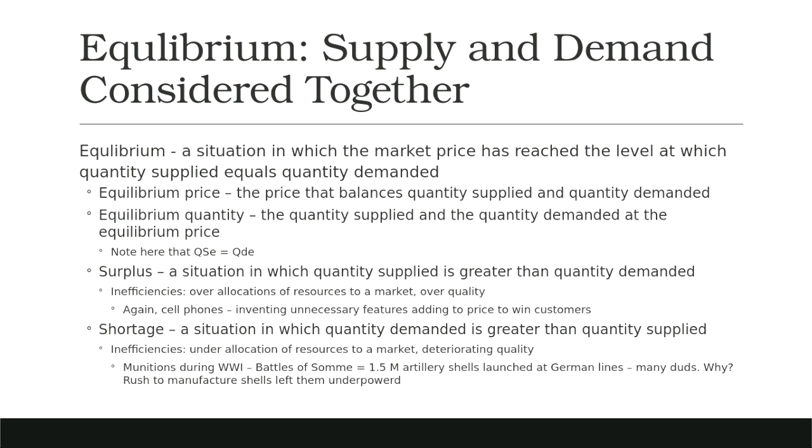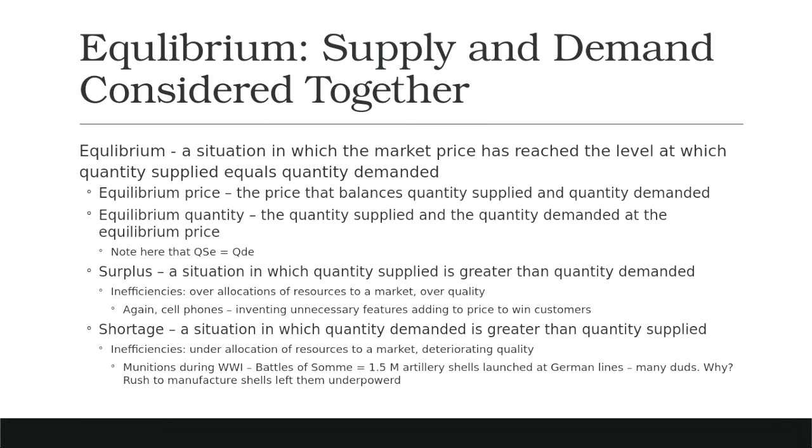Now, the much more dramatic example, during World War I, there were huge artillery battles. One particular one is the Battle of the Somme, and the British came up with this great idea of, we will bombard the Germans for 72 hours. So for 72 hours, the British shot 1.5 million artillery shells at the German lines.